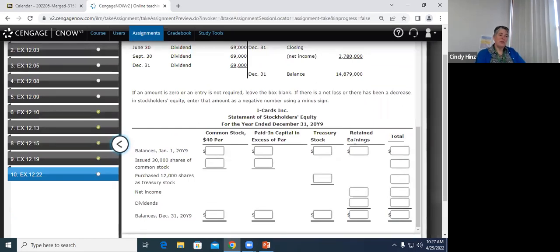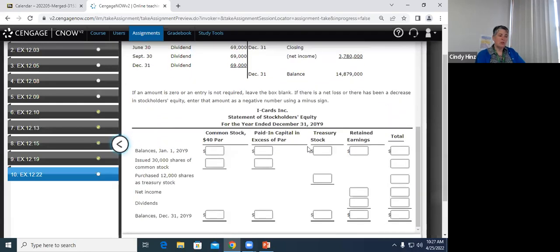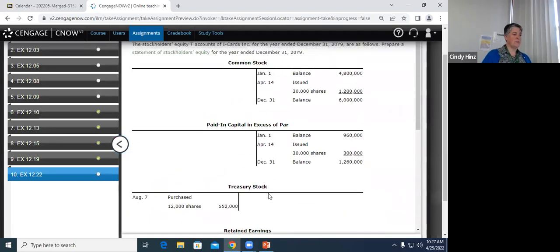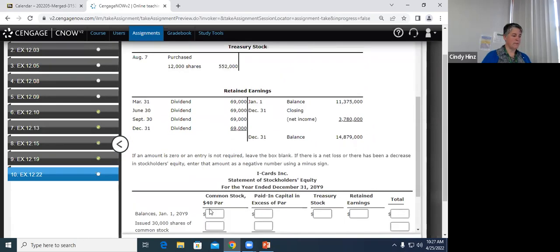Our job then is to create the statement of stockholders' equity, to take the information that's included here and show what it would look like. So we start with our beginning balances, and those are going to be given to us. So for common stock, the beginning balance was $4,800,000.